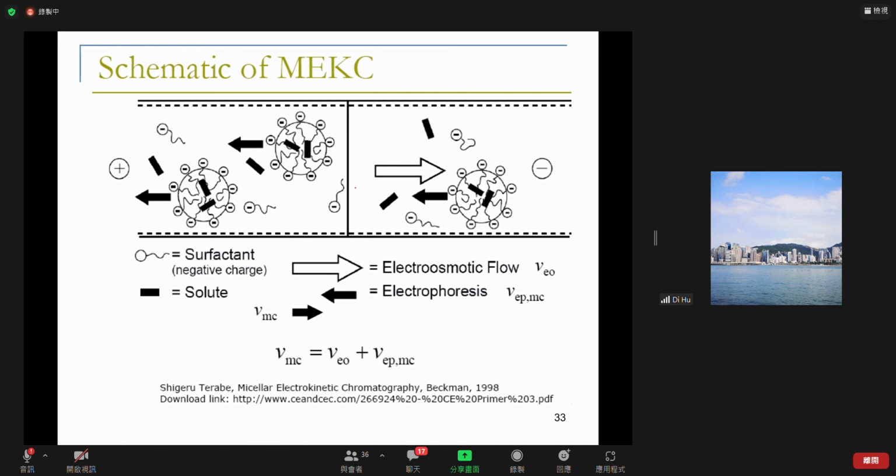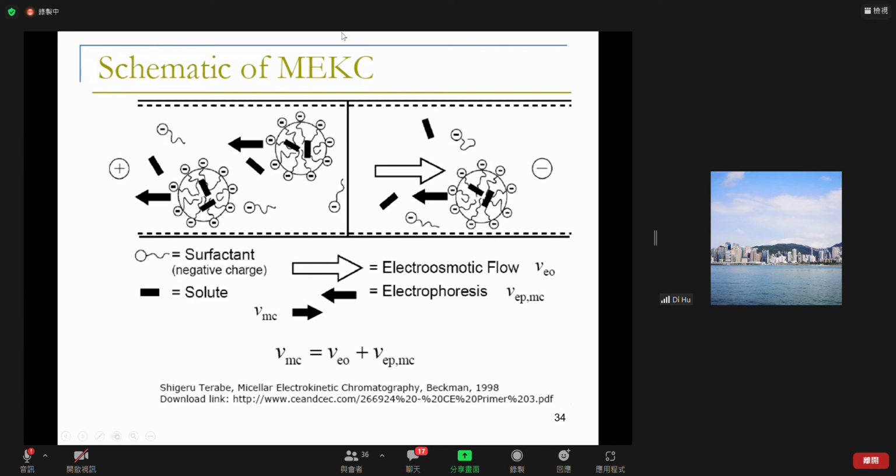So can anyone tell me, for the micelle, what is the direction of this mu EP, the electrophoretic mobility? Is it towards the anode or towards the cathode? It's towards the anode, right? So the micelle itself is moving towards the anode, and the whole mobile phase is moving towards the cathode.